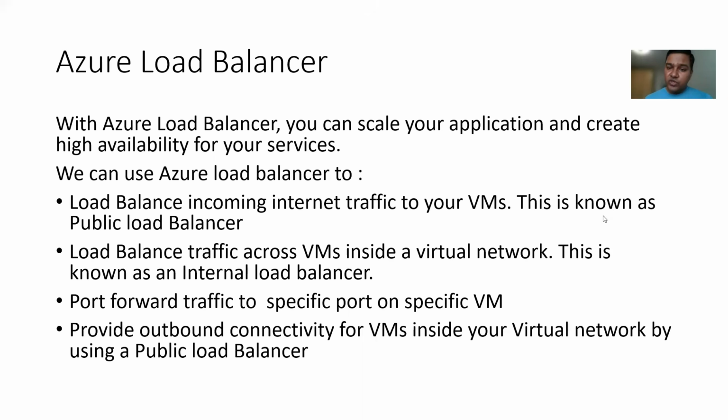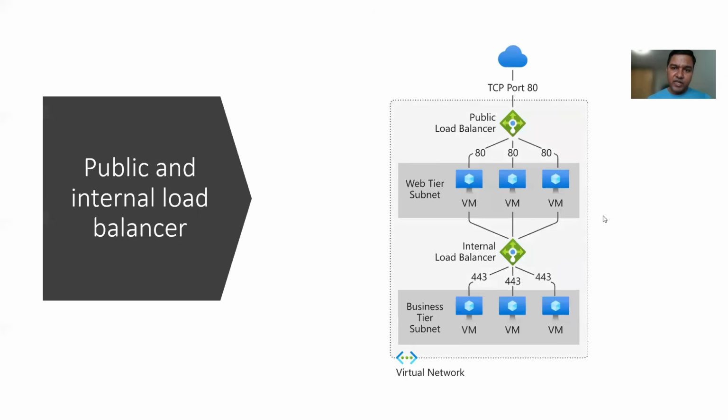Then a virtual machine which is already in your subscription, if it wants to make a connection outside, the outbound connectivity of virtual machines inside your virtual network is also done by the public load balancer. We will see with the figure how they work.